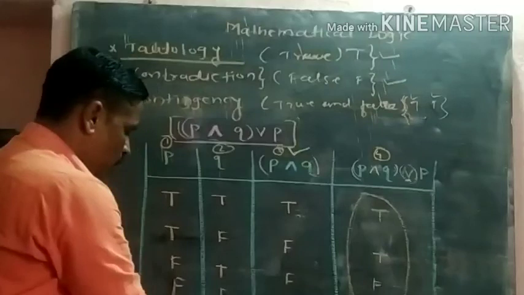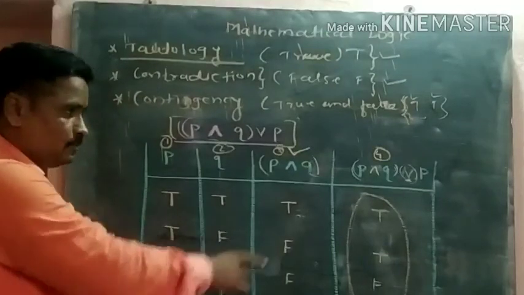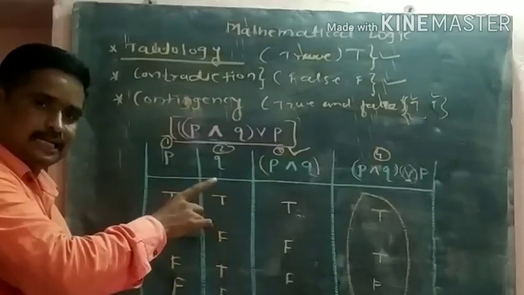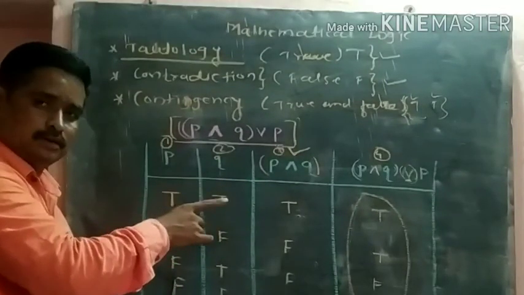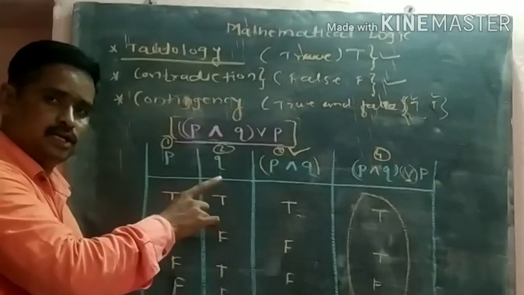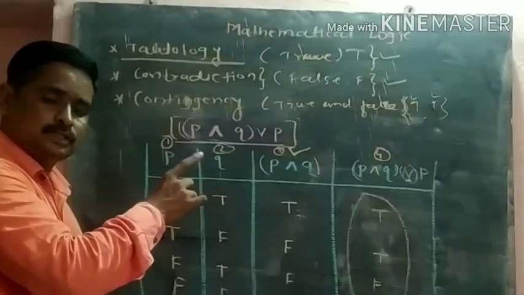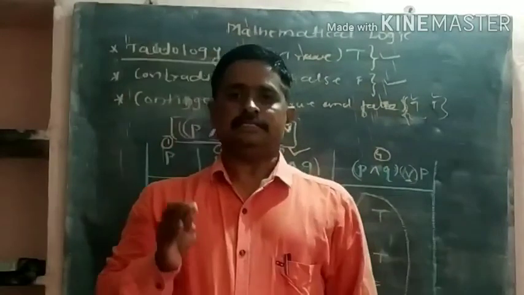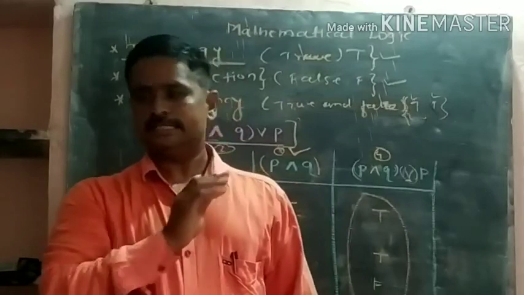So the conclusion we can write as: observe column number 4, all the entries in that last column are not T and not F. So it is a contingency. So the given pattern is said to be a contingency in this case.